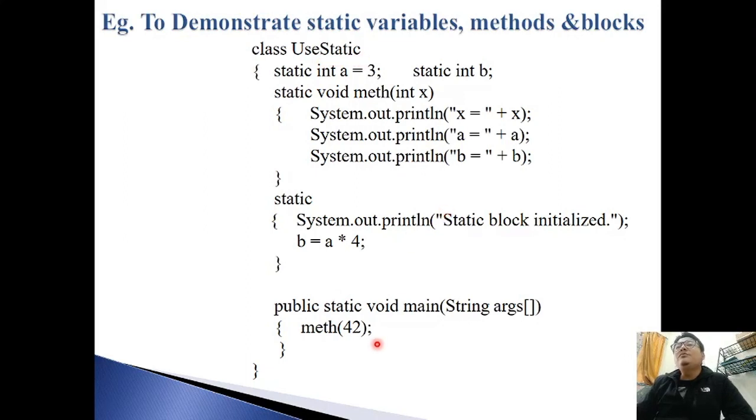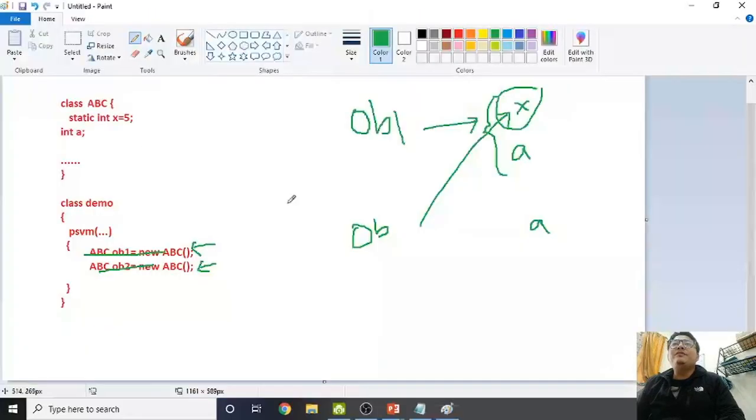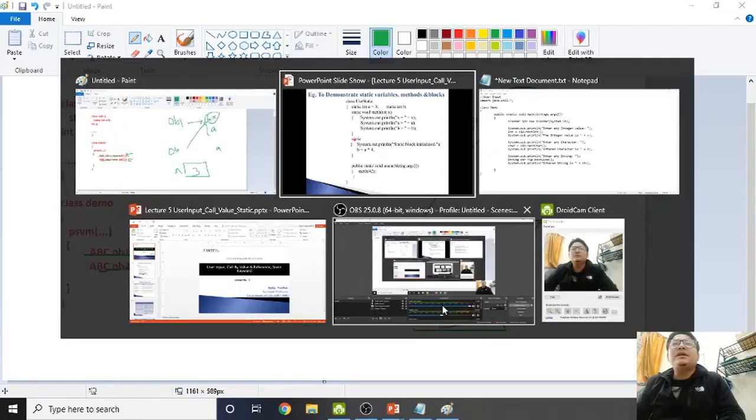Now when you give the execute command, initially, before the main method gets loaded, the static data members will get memory. First, a will have the value 3, because it is a static data member.